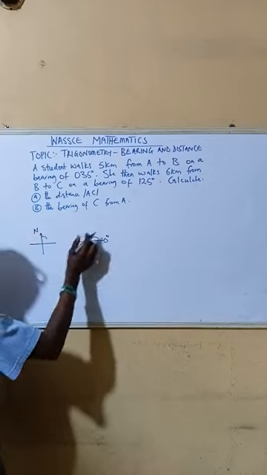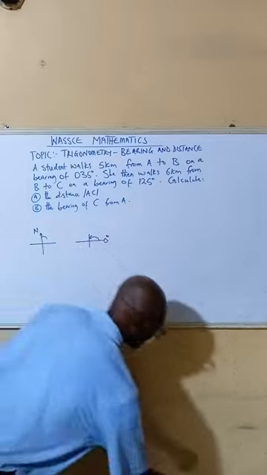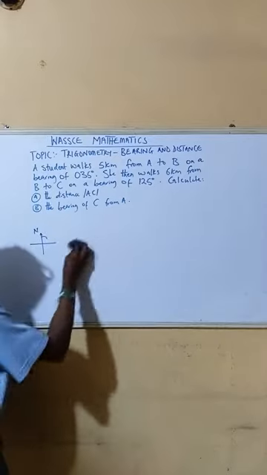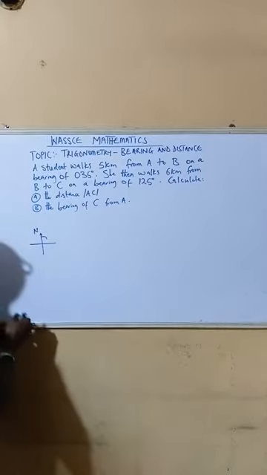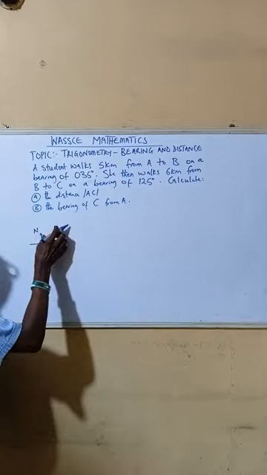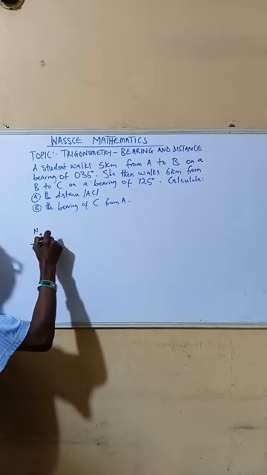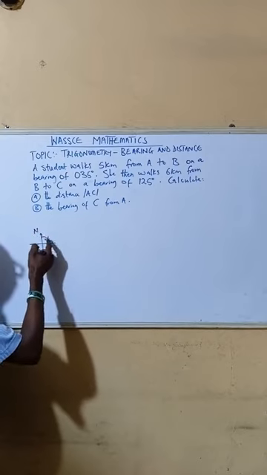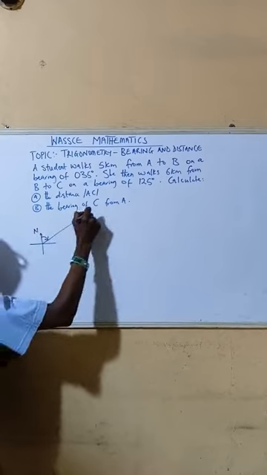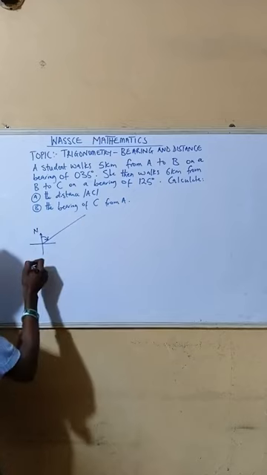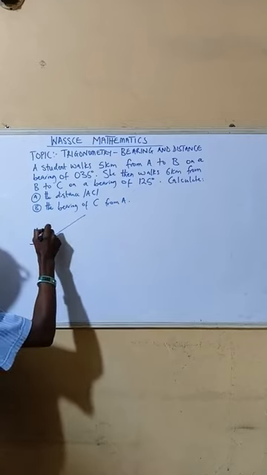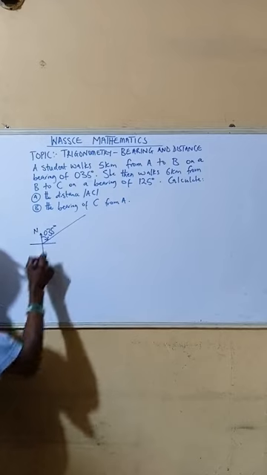So we have it as 035 degrees, telling us that this angle is measured from the geographical north, not up to 90 degrees, so it stops somewhere here. So this angle here is 035 degrees.